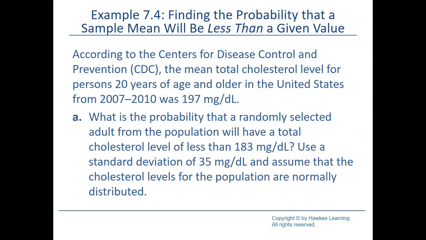According to the Centers for Disease Control and Prevention, the CDC, the mean total cholesterol level for a person 20 years of age and older in the US from 2007 to 2010 was 197 mg/dL. Now, I'm going to ask you, what is the probability that a randomly selected adult from that population will have a total cholesterol level of less than 183?